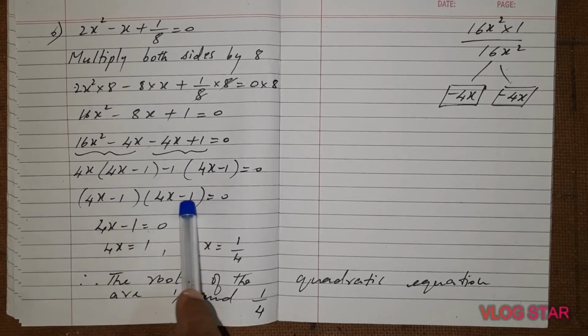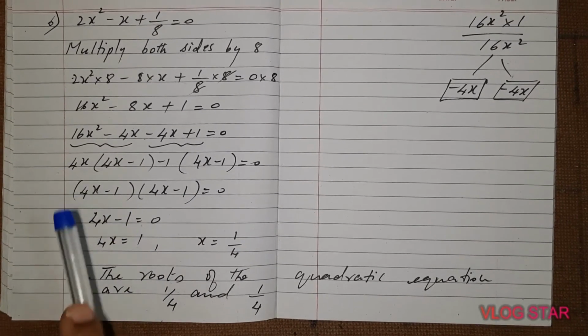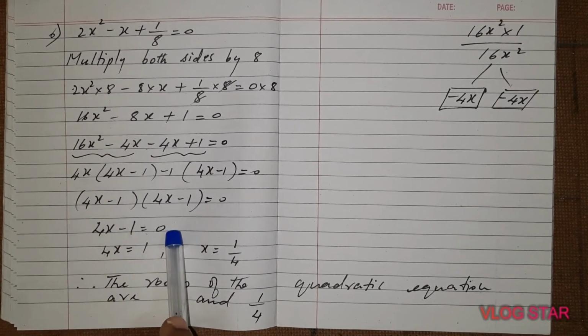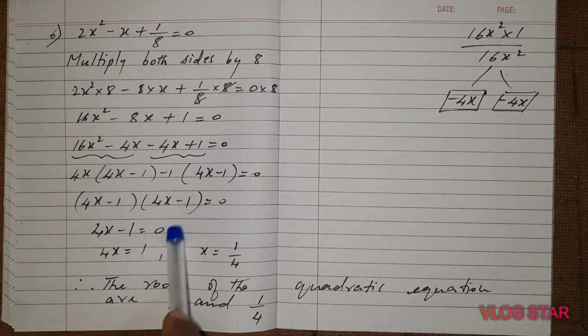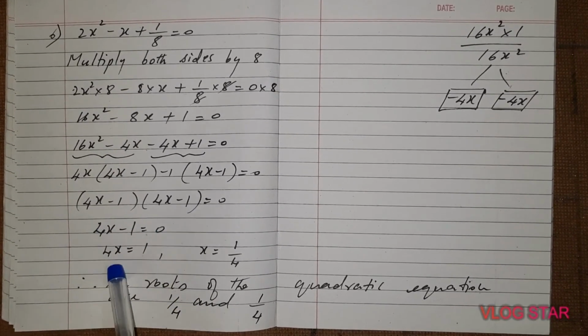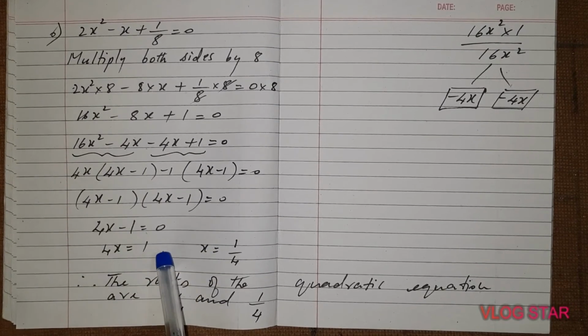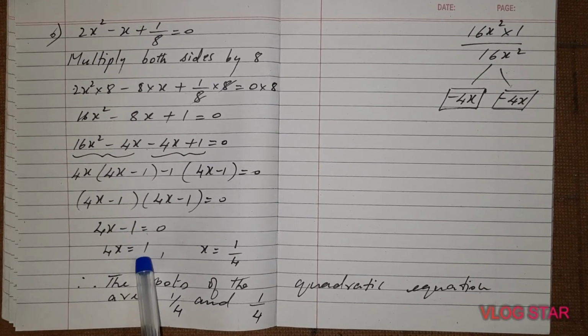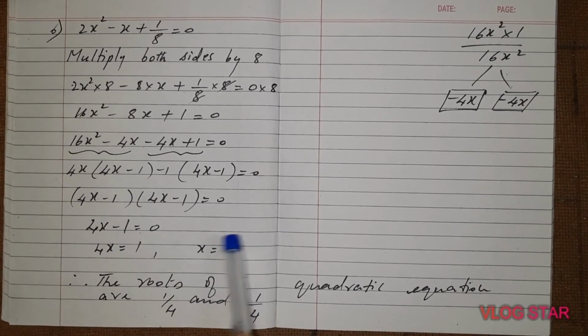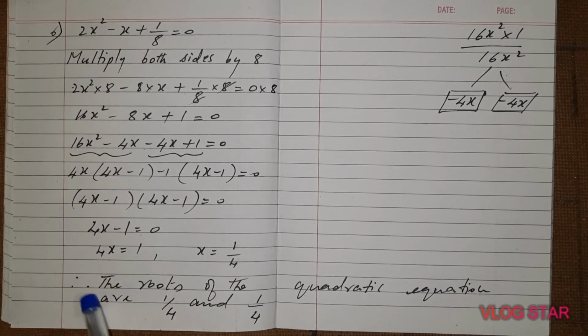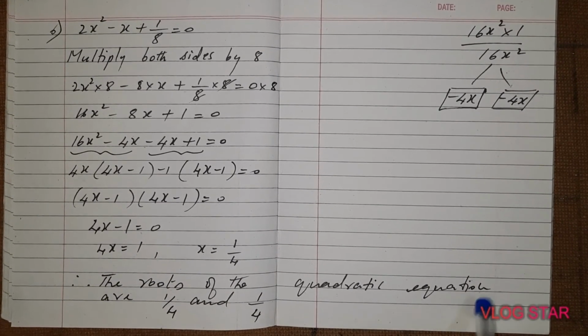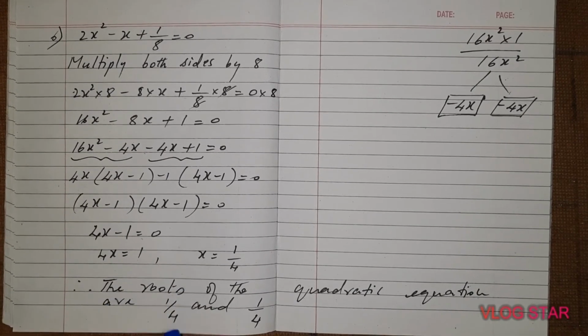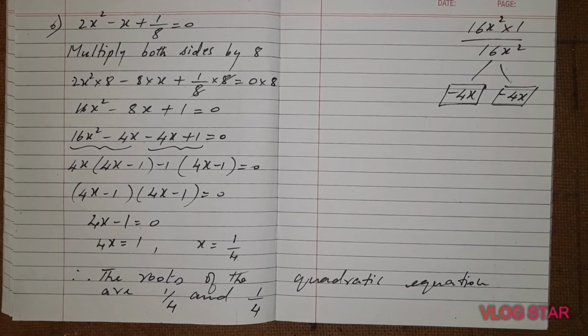So since you have the same terms here, you can take it once. 4x minus 1 is equal to 0. Equate it to 0. So 4x, when this minus 1 goes to the right side, it will become plus 1. So x is equal to 1 divided by 4. Therefore, the roots of the given quadratic equation are 1 by 4 and 1 by 4.